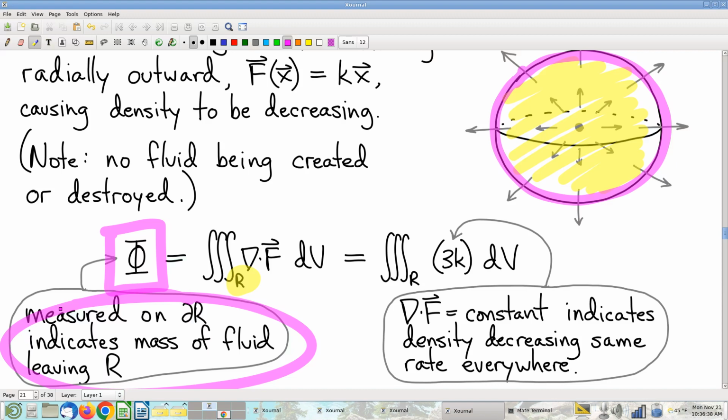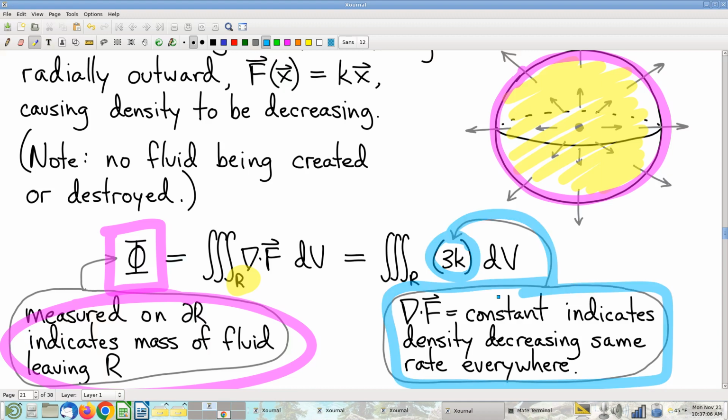And so the take that I would give is that the reason we have flux is because in little regions where there was a certain amount of gas, that region got bigger. That pushes other gases, and by virtue of it getting bigger, that's what's pushing the gas out the sides. And we can see exactly how much of that is happening by looking at this integral.